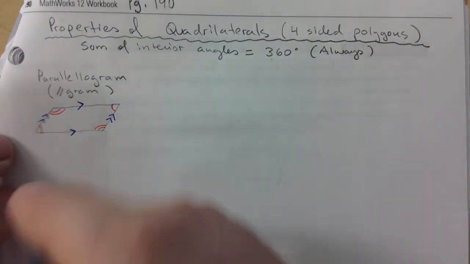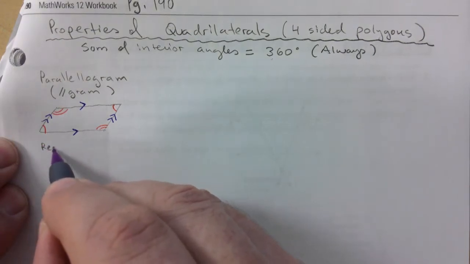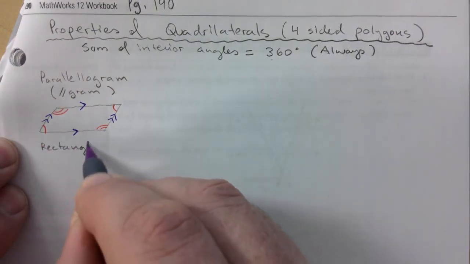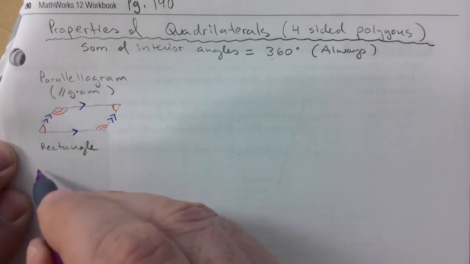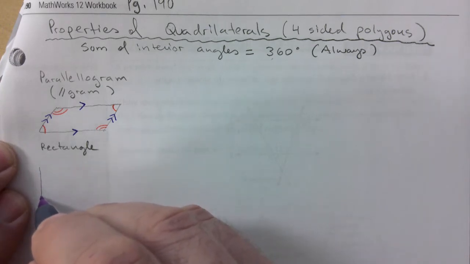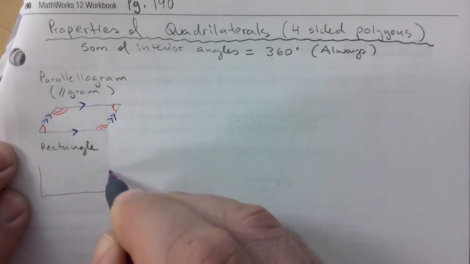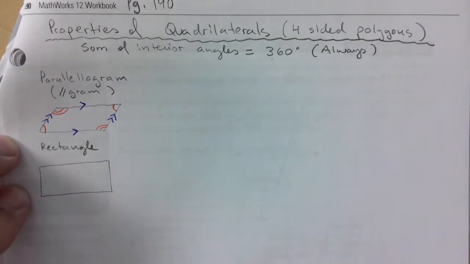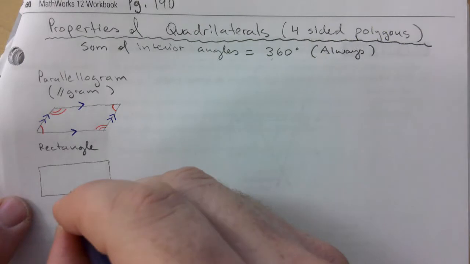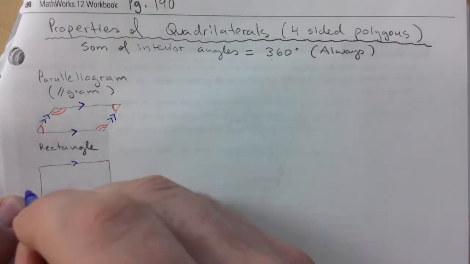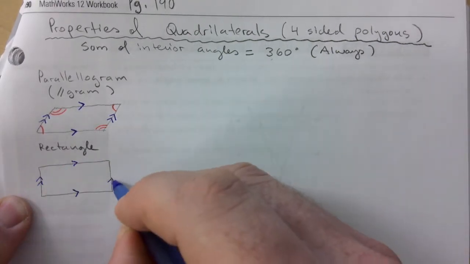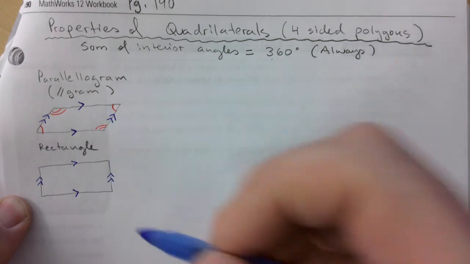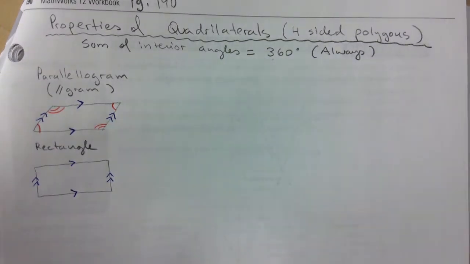And then we'll do a rectangle right under it. And we still have the parallel lines, like this one is parallel to that one, this one is parallel to that one. So that's a property that's true for both of these, the opposite parallel sides.